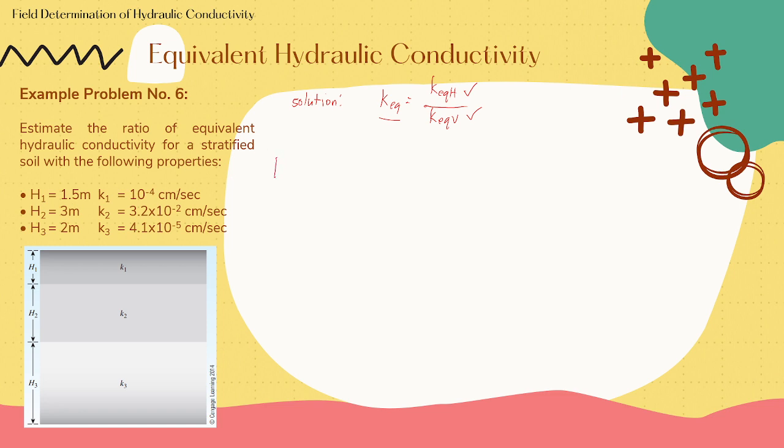So the equivalent for the horizontal is equal to 10 raised to negative 4 times 150 cm, plus 3.20 times 10 raised to negative 2 times 300, plus 4.1 times 10 raised to negative 5 times 200 cm.